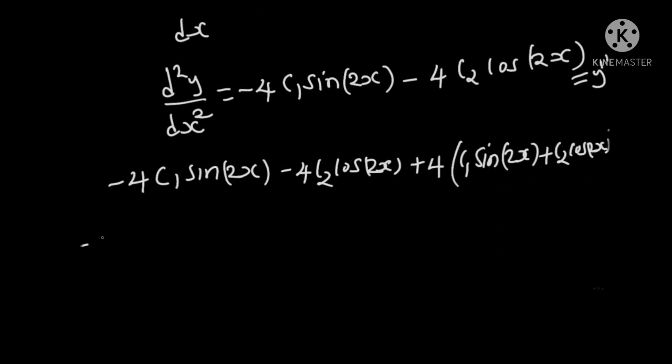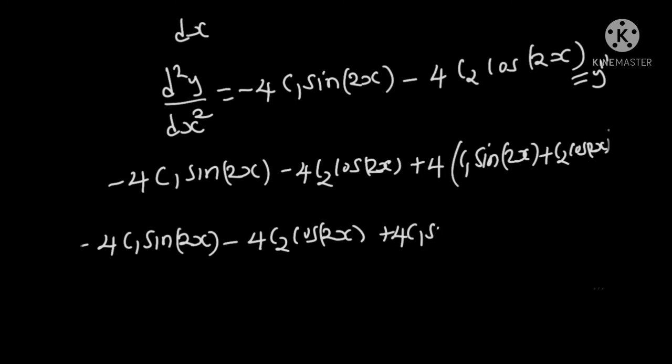So we have minus 4 c1 sine 2x minus 4 c2 cos 2x plus 4 c1 sine 2x plus 4 c2 cos 2x, and this should be equal to 0.